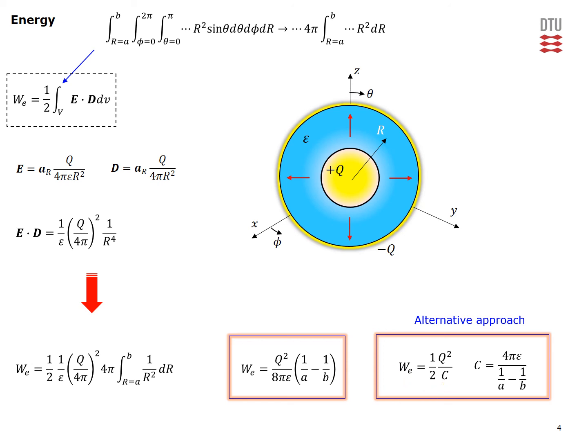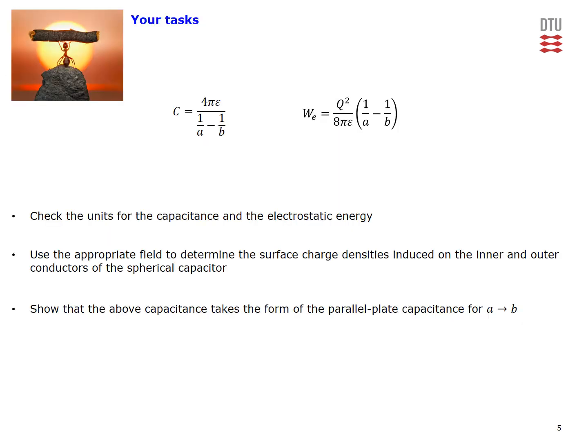We can plug our derived expression for the energy, which is seen here, in our expressions over here to rederive the result for the capacitance of our spherical capacitor, which of course resembles the one that we derived on the previous slide. So we are now essentially finished with all our tasks, and you can see the summary of the main results for the capacitance and stored electrostatic energy.